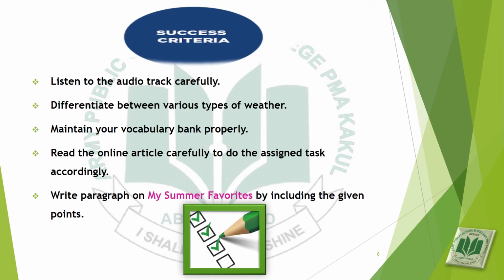Students, for your effective reading and smart paragraph writing of this week, here is your success criteria. Let's see it. Listen to the audio track carefully. Differentiate between various types of weather.